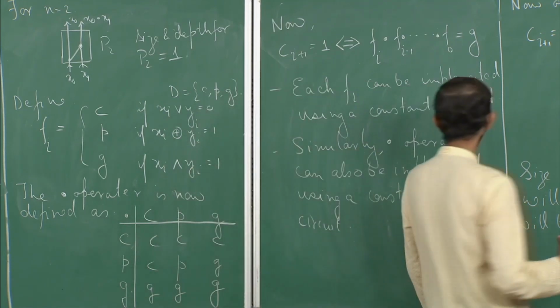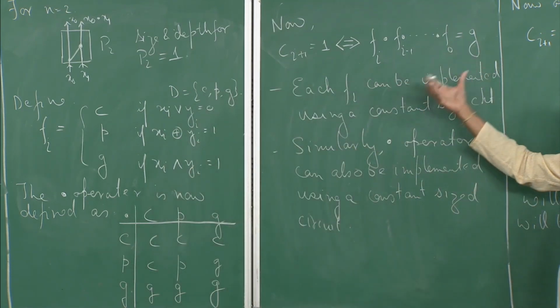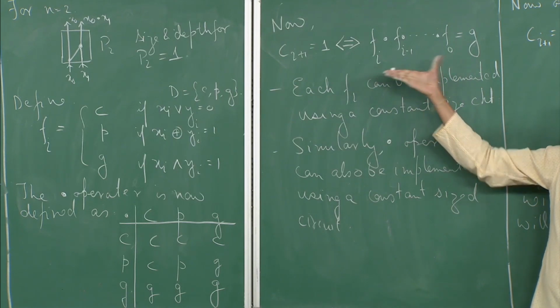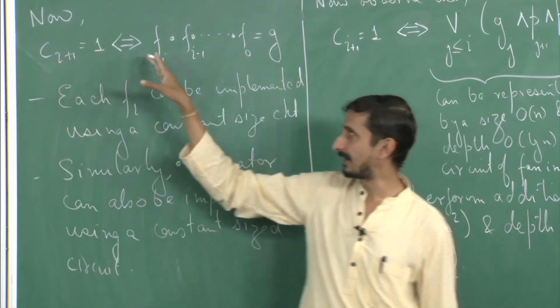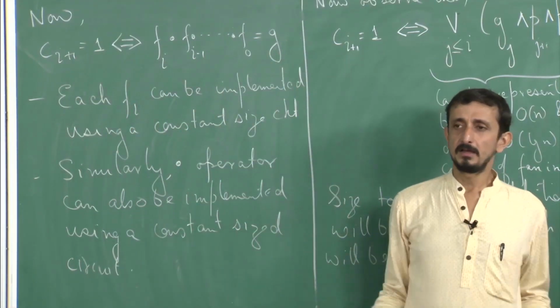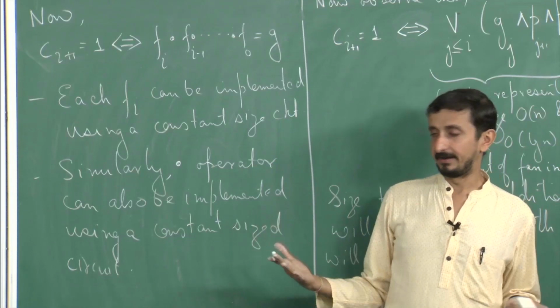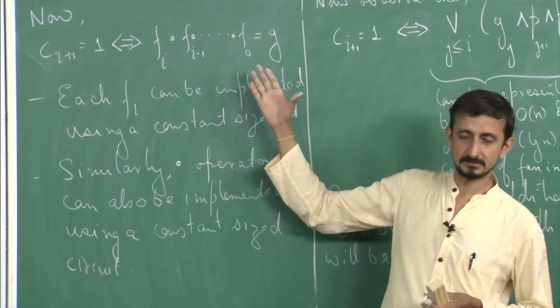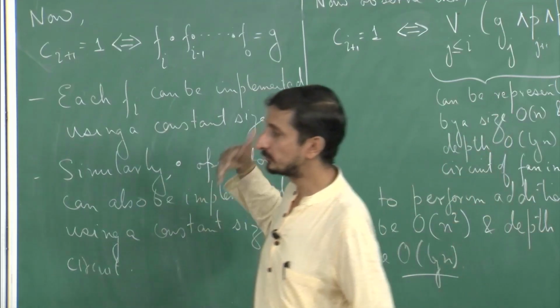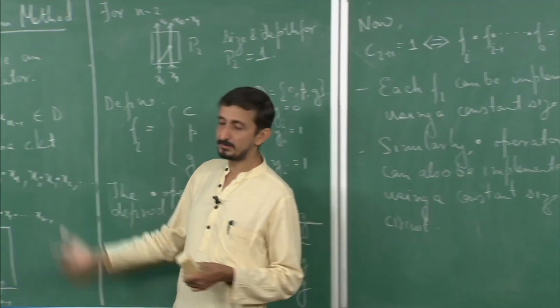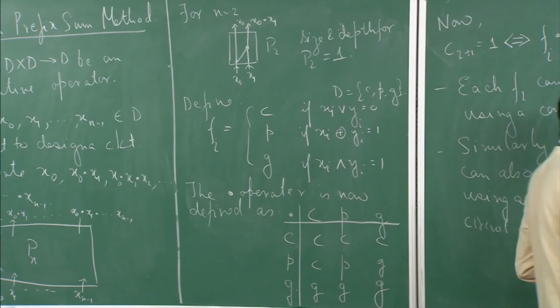But now I have an expression which has potentially order n dot operators. For some Ci I will have i dot operators, and I can go as large as n. Now the question is how do I do this in parallel. So this is where the parallel prefix sum idea comes in.